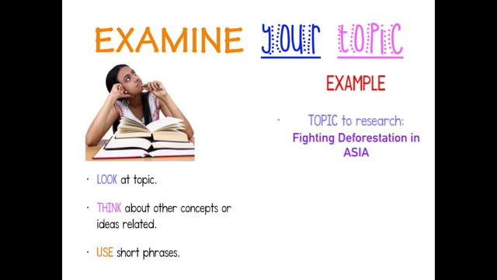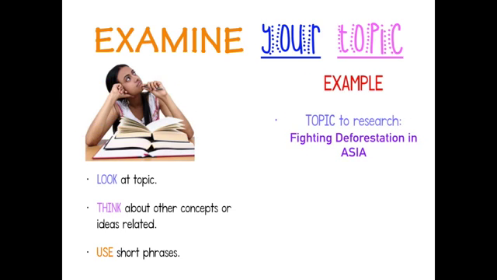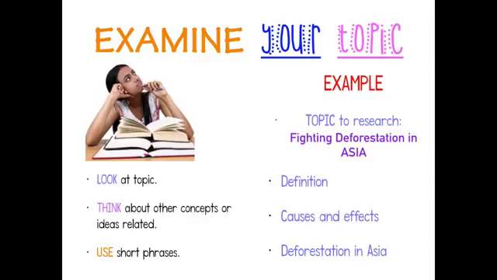For example, if our topic is to research about fighting deforestation in Asia, first of all, you'll like to know and research what is the definition of deforestation and what are the causes and effects of this problem, and then you would like to get into the research of deforestation in Asia. But you look at the topic, you add additional concepts and ideas, and you just shorten the phrases.